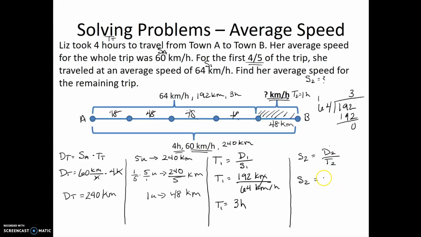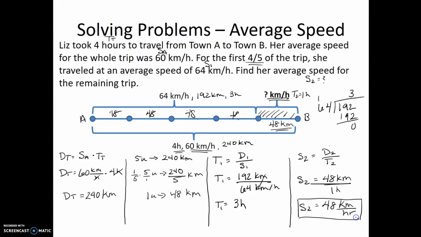And our distance 2 is 48 kilometers. I'm looking right here. It's just that little section. Divided by 1 hour. Oh, this is going to be an easy division problem, isn't it? So our speed 2 is 48 kilometers per hour.